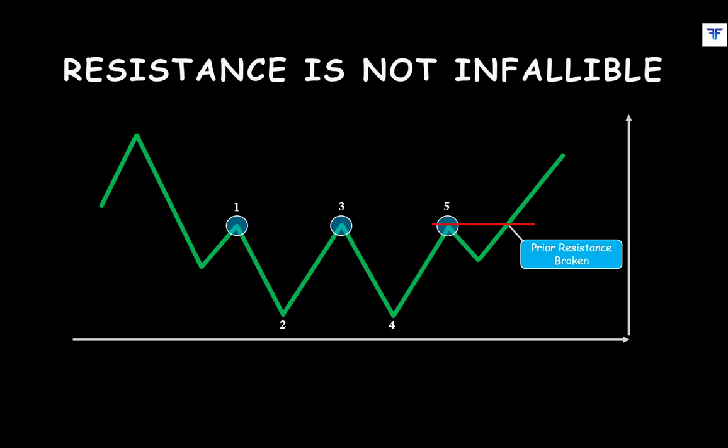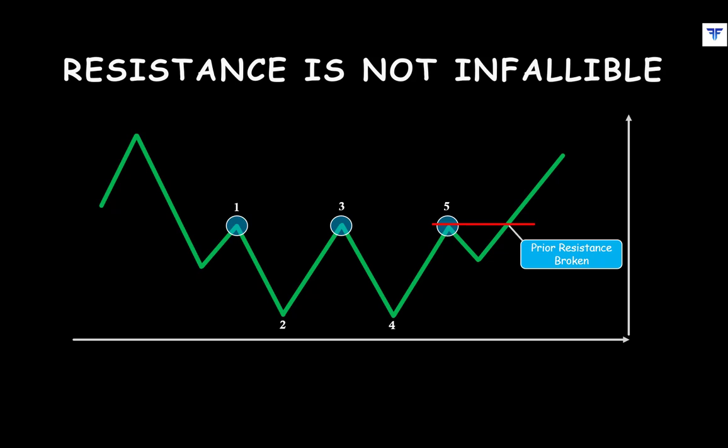Moreover, buyers who had exited from their long positions at the resistance in anticipation that price might not break the resistance would now regret exiting their positions and could be tempted to buy in case the broken resistance is retested. Similarly, sellers who had sold at the resistance in anticipation that price would start declining would now be caught on the wrong side of the trade when the resistance level is broken.